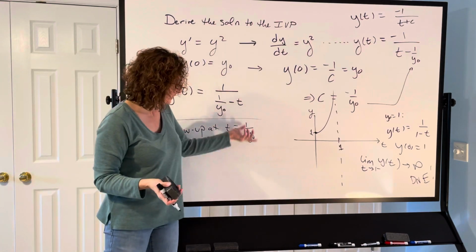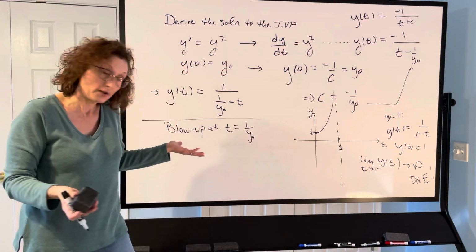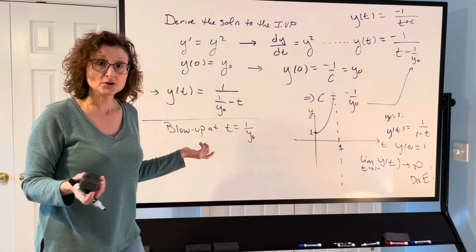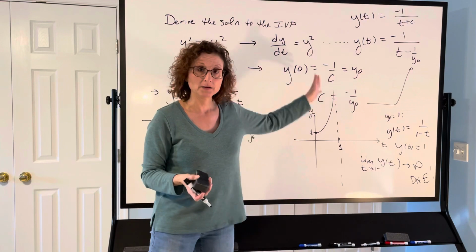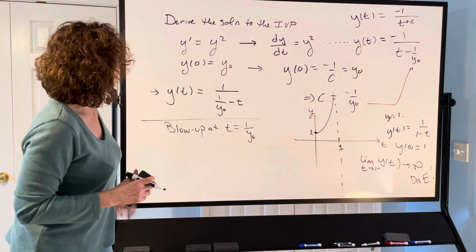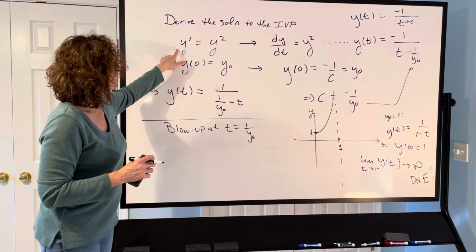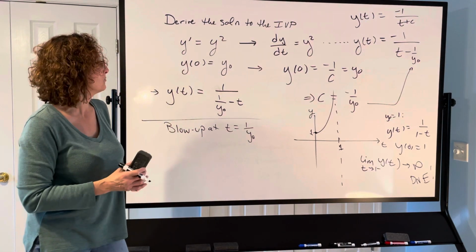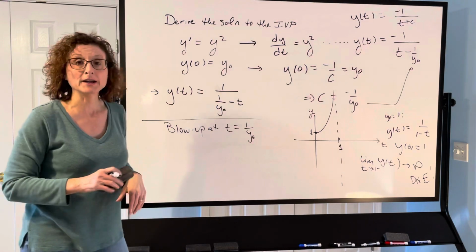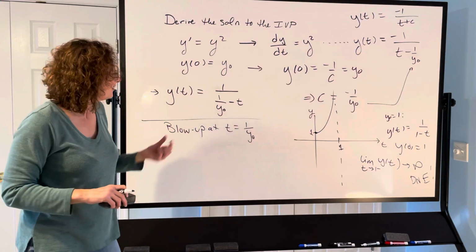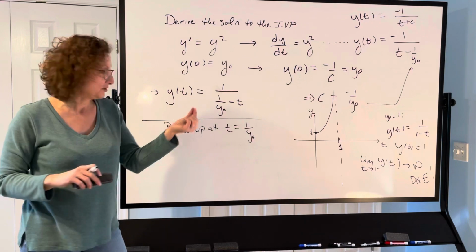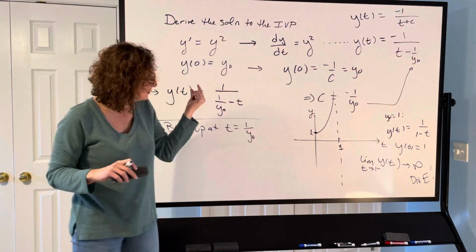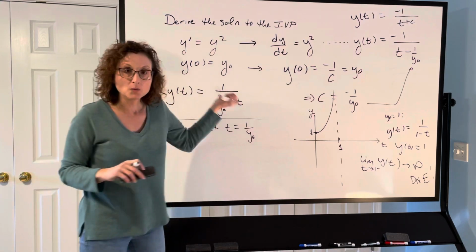So if y naught is 10, blow up occurs at t equals 1/10. If you're measuring in seconds, 1/10 of a second is not so good for whatever it is you're modeling to blow up. What if y is the largest magnitude of a vibration in a launching rocket, and you're like, oh, it's just a tiny vibration, maybe the initial largest magnitude is 1/100th?